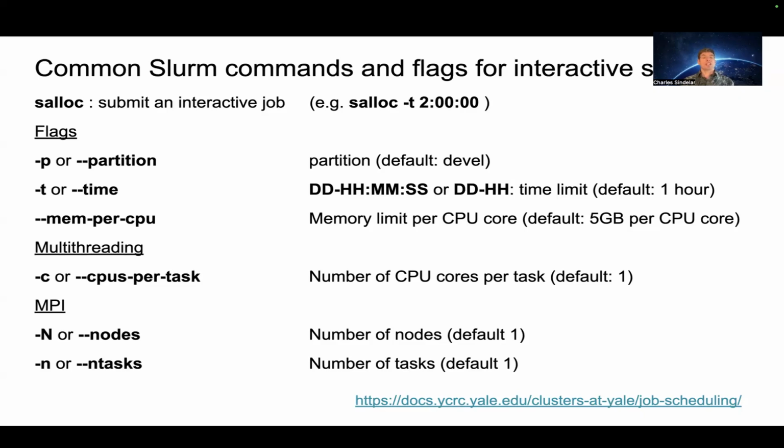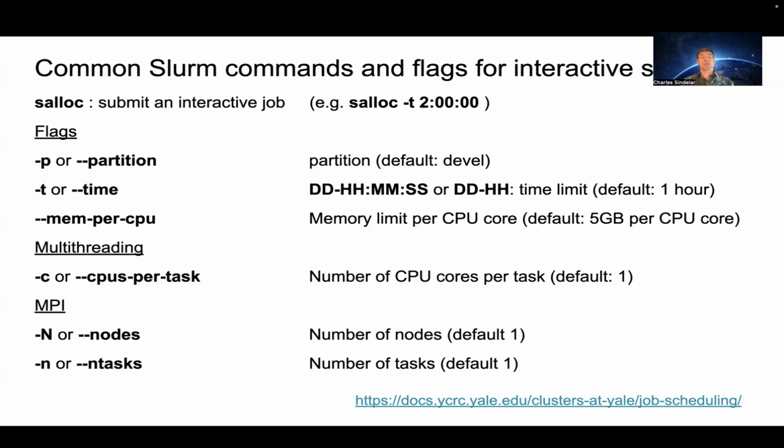There's the time flag or -t, and that controls how long your request will run for. And this is something that you would set to a generous amount of time, but trying to be respectful of other users, you would not request it to run for too long. And then an important flag is the memory per CPU, which determines how much memory will be requested for your task.